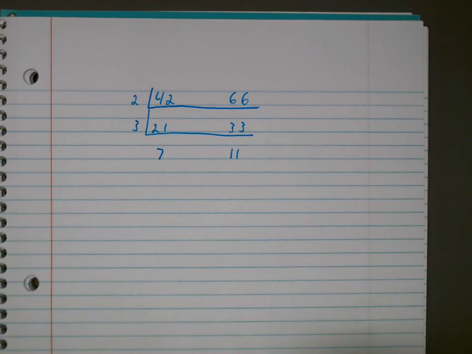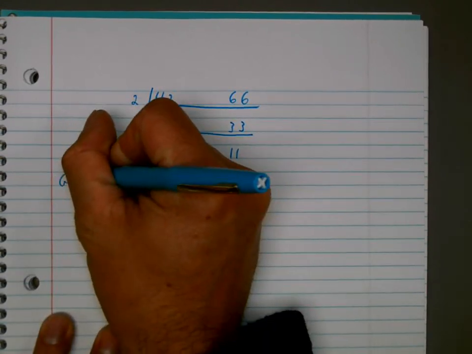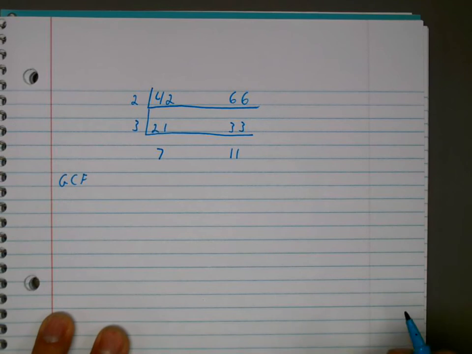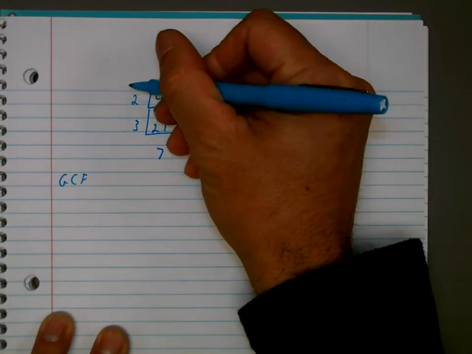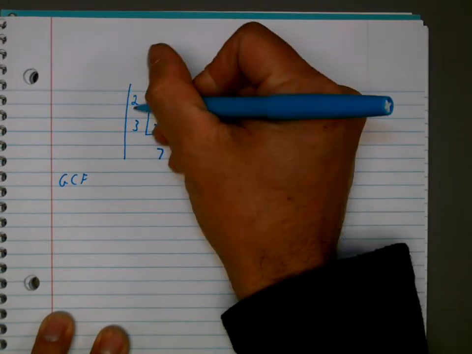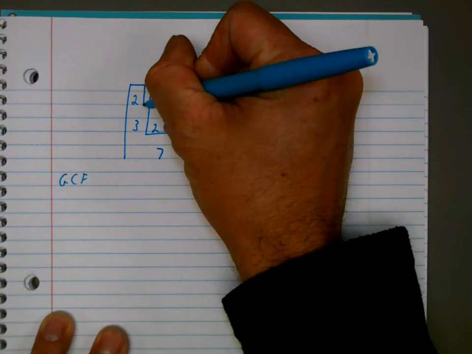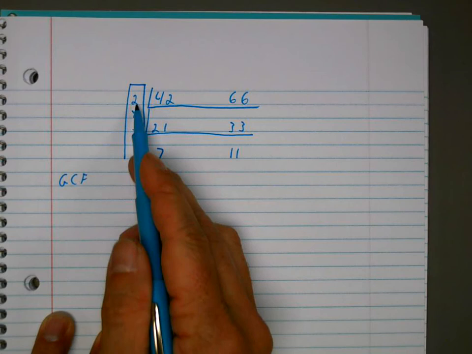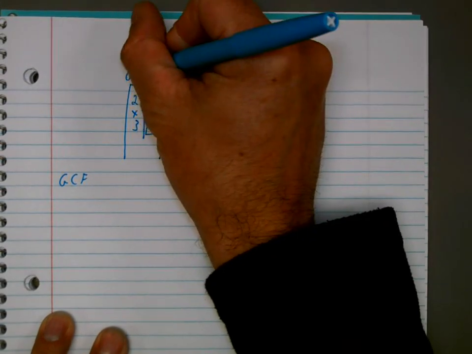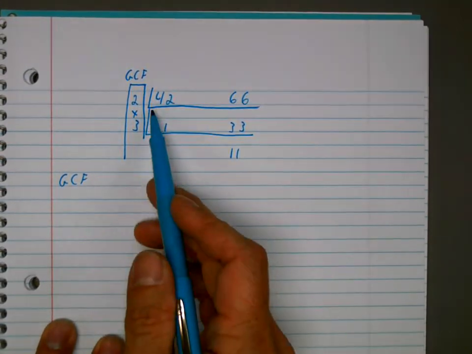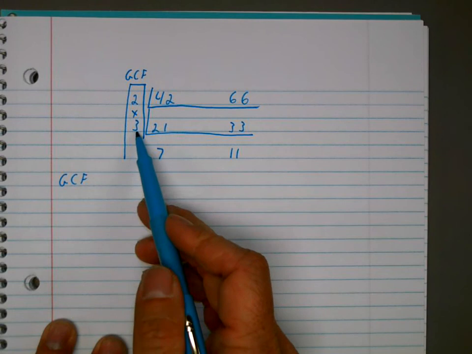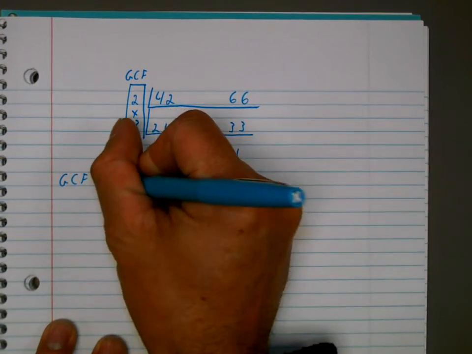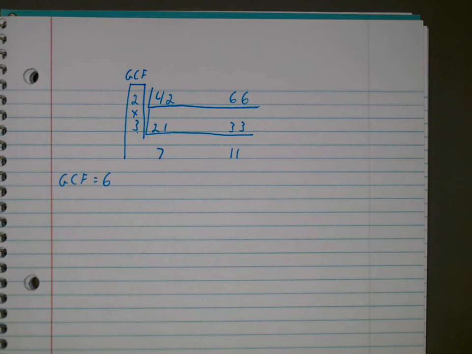So now, to find the GCF, I'm going to simply multiply these 2 numbers here. This gives me my GCF here. 2 times 3 is 6, and that's my GCF.